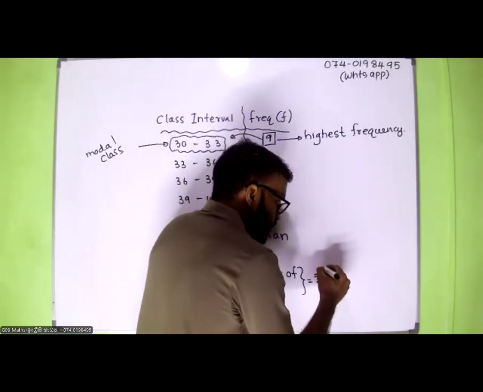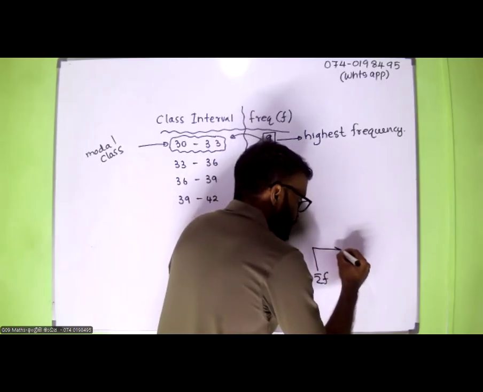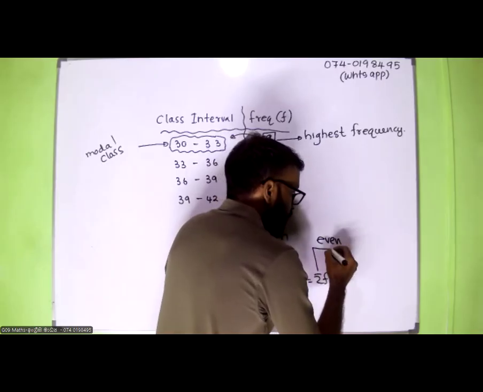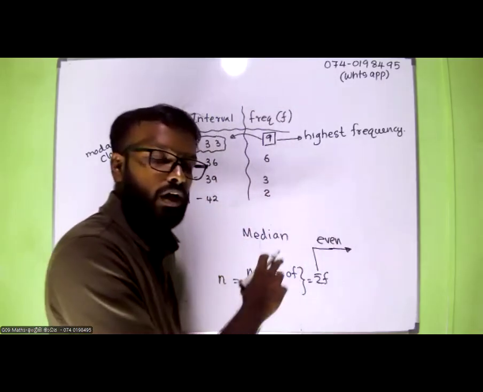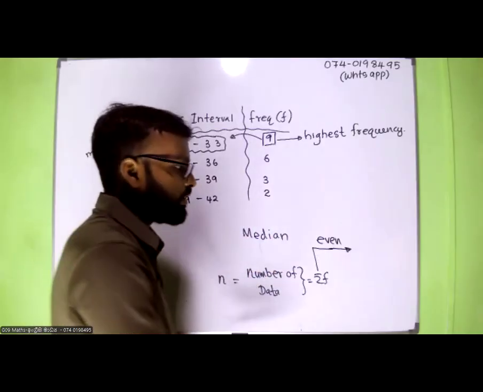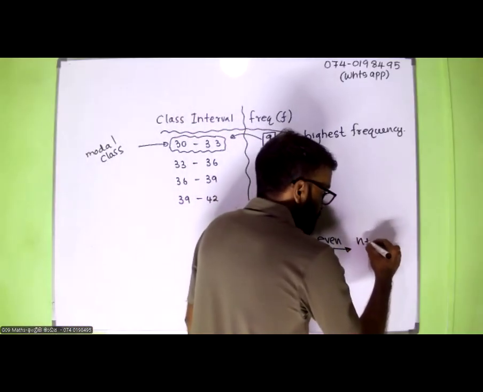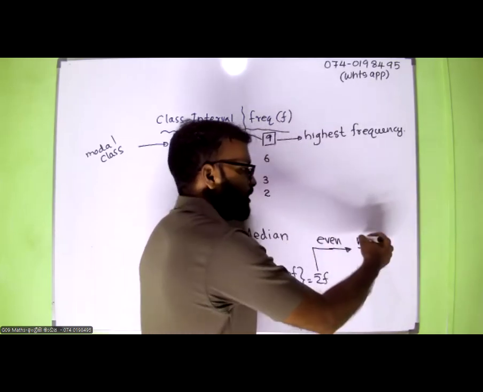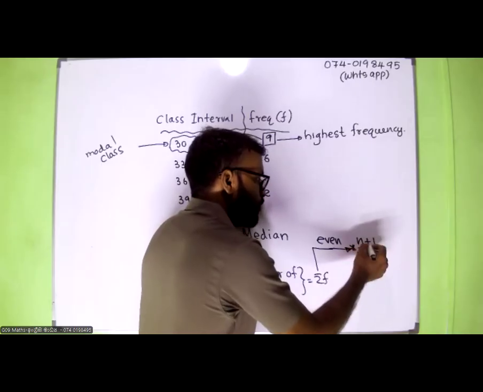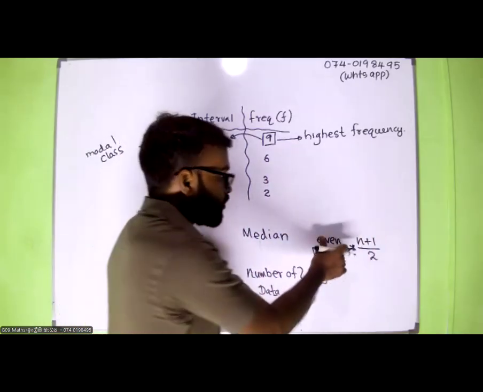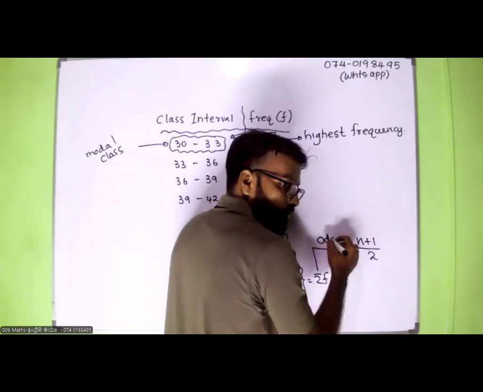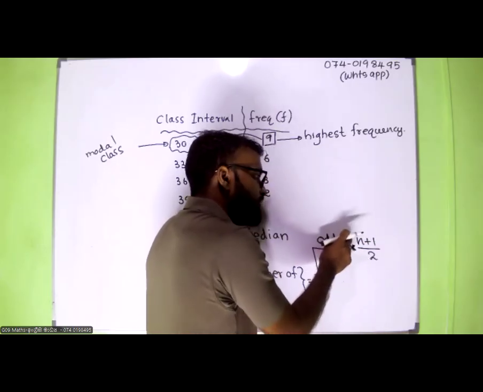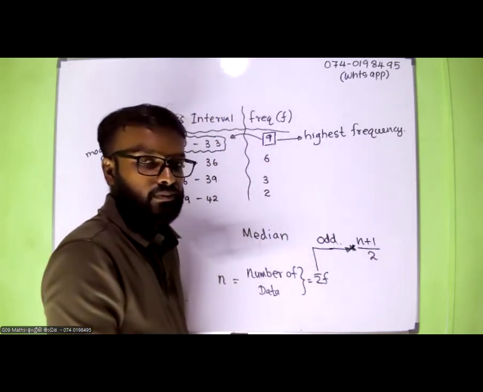Now, if this number of data is odd, how are we going to find the median? We are going to find the median by using the (n plus 1) divided by 2 place. Correct?